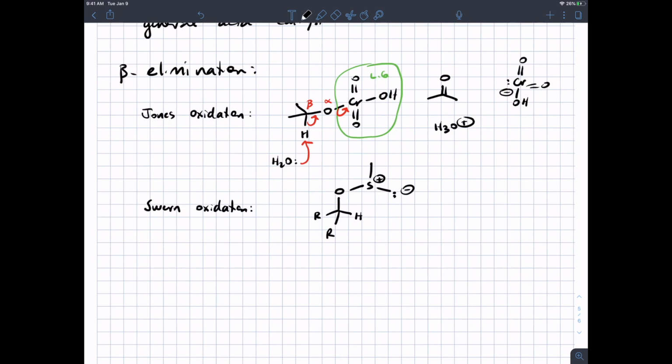And again, you can think of this part as being the leaving group. This is alpha, this is beta, and you get sort of an intramolecular reaction where you make a new carbonyl compound, and your leaving group is actually neutral dimethyl sulfide. And kinetic isotope effect studies support the removal of this proton as being sort of the rate determining step of that reaction. Okay, what else? Anything you want to ask about that?